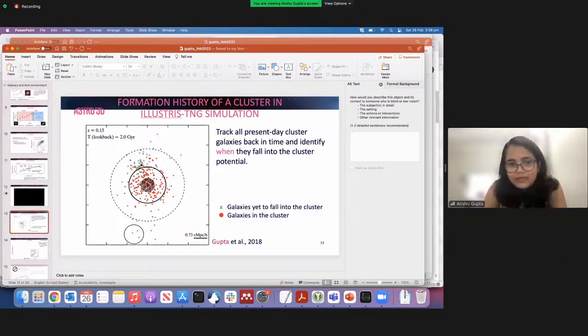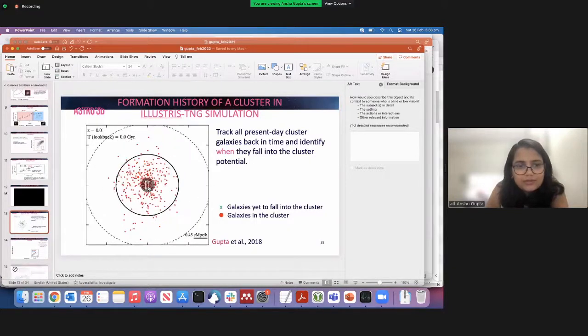So these infalling galaxies, the green crosses here, even those galaxies had higher chemical content than the field galaxies which are in the low density environment. And we think this is because they are falling in as part of groups. So you can see here, I'll show you in a second.